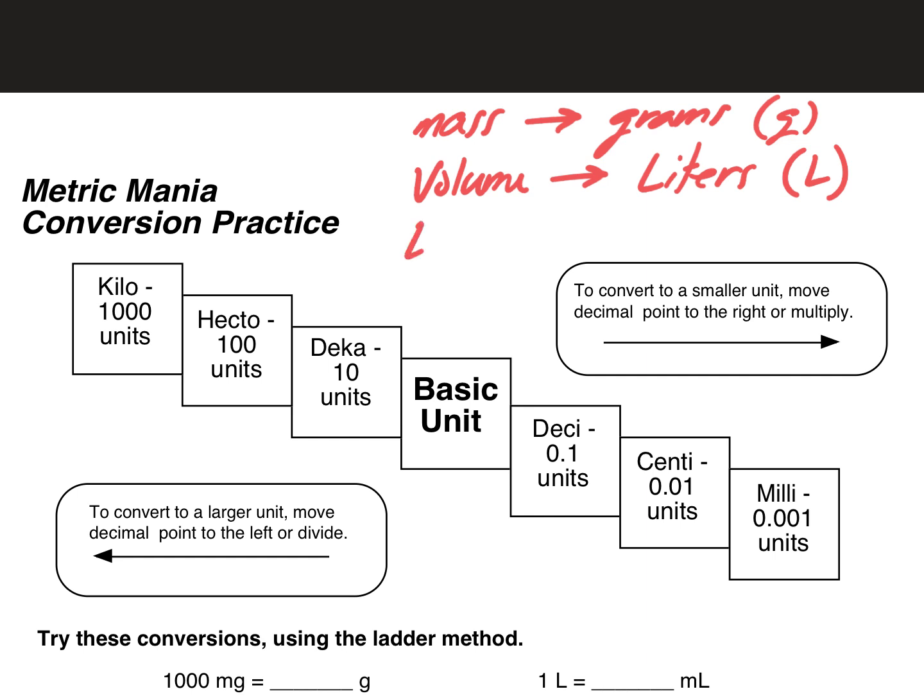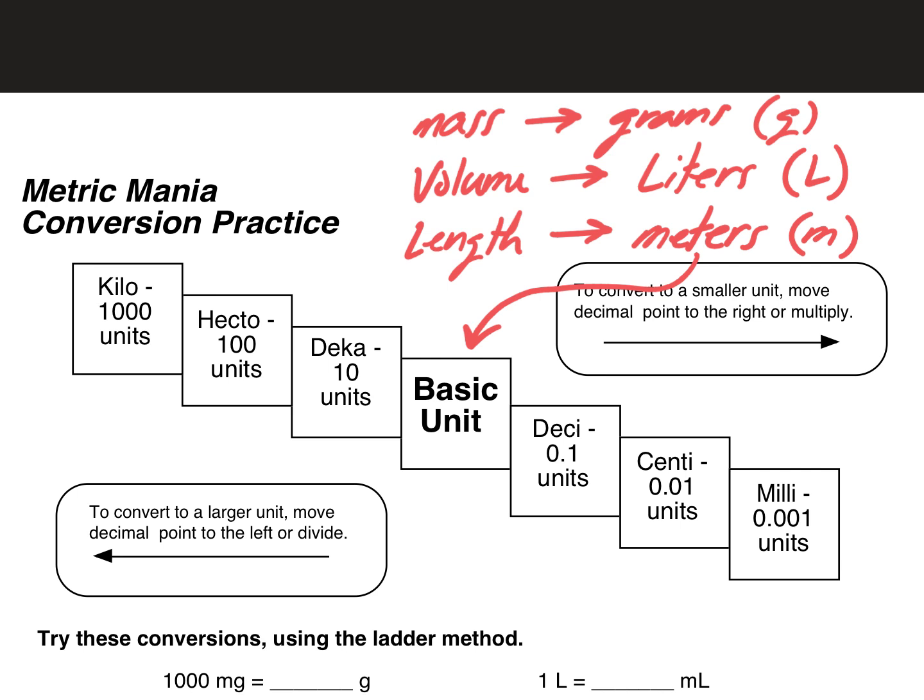And length, the base unit for length is meters, and that is abbreviated with a lowercase m. Okay, so these are the base units that are used in the metric system.